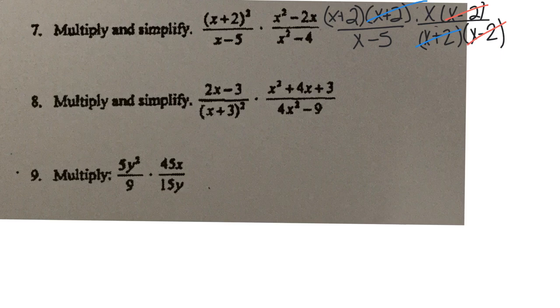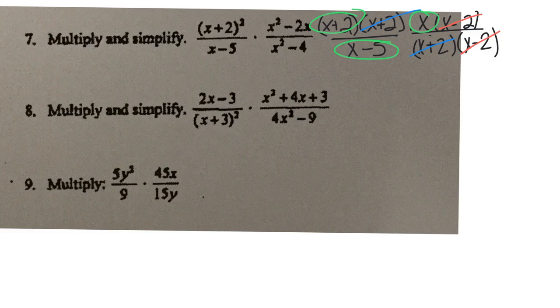And what's left is the x, this x plus 2, and the x minus 5. So I'm going to multiply across my numerator. I need a pen. x times x plus 2 in the numerator over x minus 5 in the denominator. And that's my final answer.